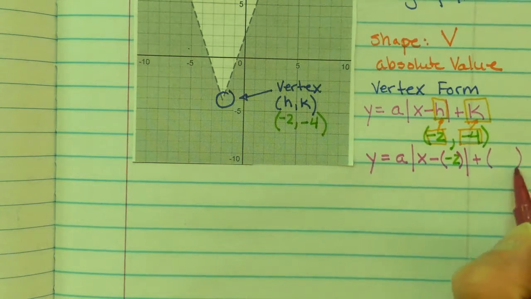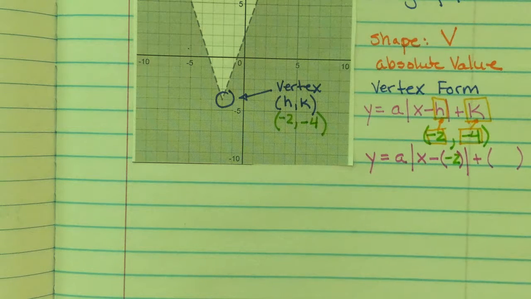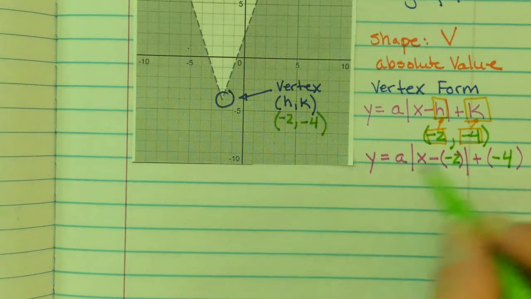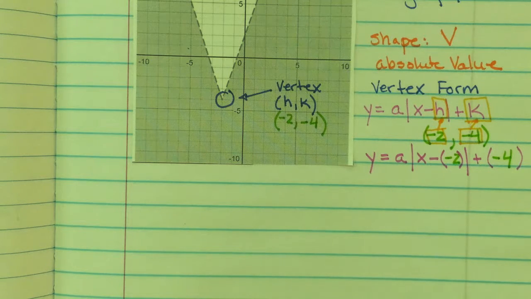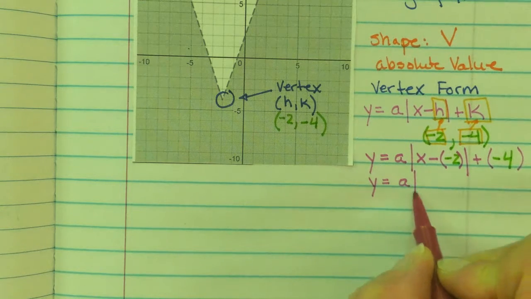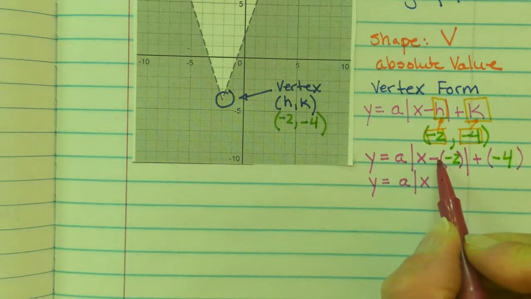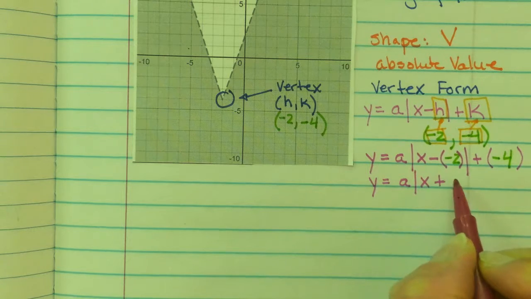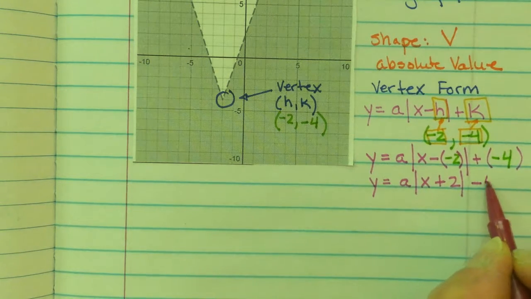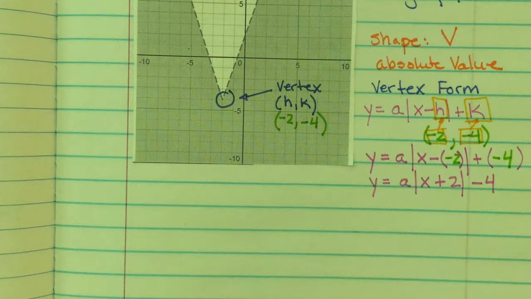I'm just creating a place for those values to go, and then I'm going to clean it up. So y is equal to a absolute value of x, a minus times a minus is a plus, and a plus times a minus is a minus. Okay, we are almost done.